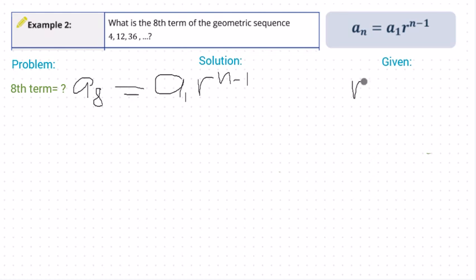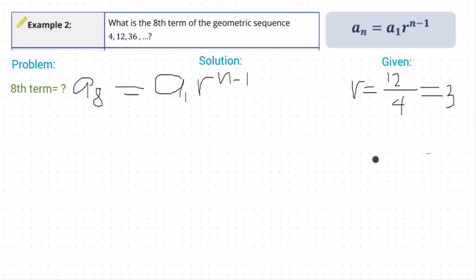So what is our r? Our r can be obtained by dividing the second term by the first term, or the third term, 36, divided by 12. This is 3. So we have 3 as our common ratio.